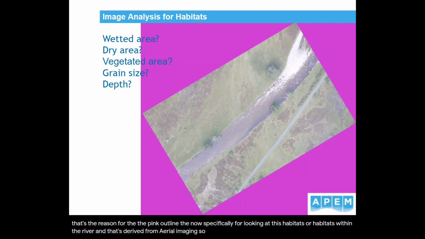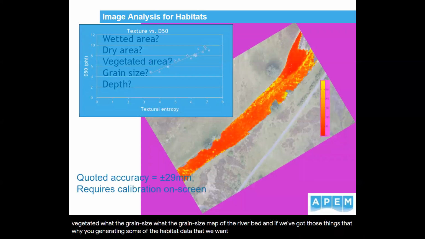The things we're interested in deriving to get that habitat data are things like wetted area, which areas are dry, which areas are vegetated, a grain size map of the riverbed, either in the exposed sections or the submerged sections, and what the depth is. If we've got those things, then we've got a pretty good way of generating some of the habitat data that we want.